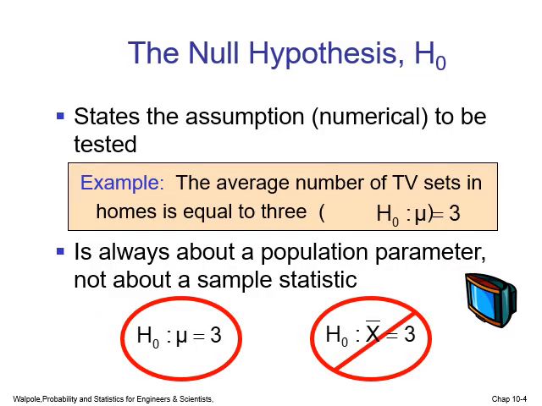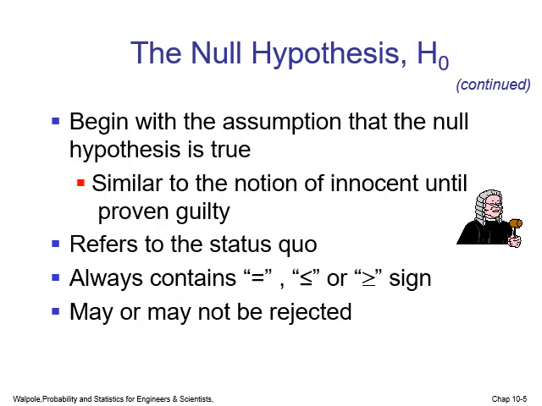The structure of hypothesis testing will be formulated with the use of the term null hypothesis. This hypothesis refers to any hypothesis we wish to test, and it will be denoted by H0. So with this null hypothesis, or H0, we start by assuming that the null hypothesis is always true.